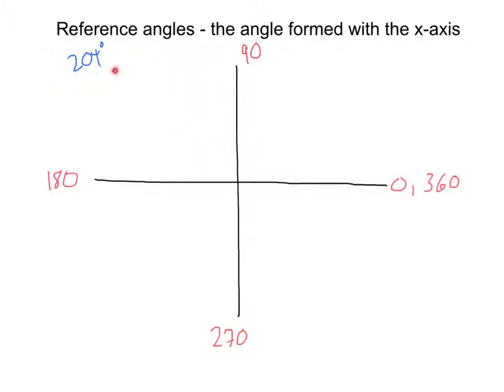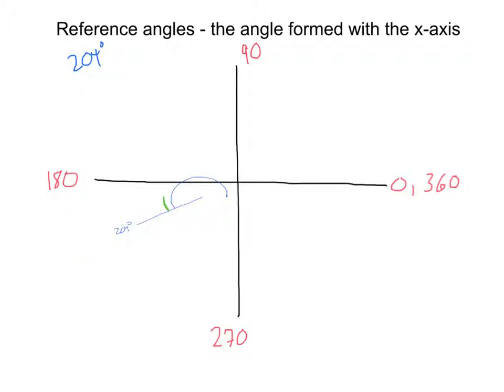Let's try to find the reference angle for 204 degrees. So again, let's go ahead and sketch our angle. That's going to be 204, somewhere right around here. I want to find the angle formed with the x-axis. So here's the x-axis, and this is the angle that I want for my reference angle. Since this is 180, I'm going to 204.